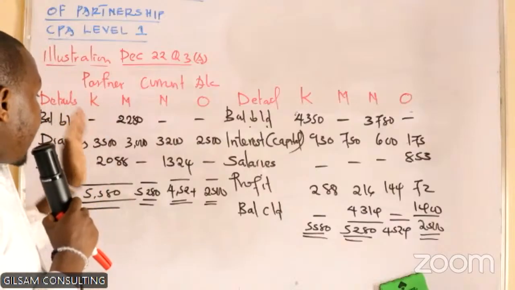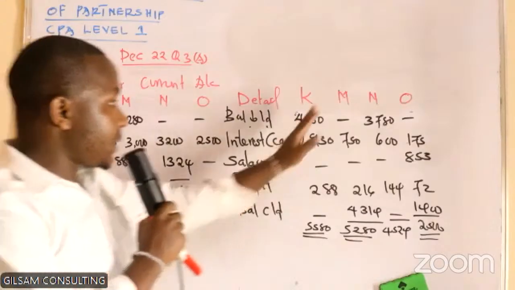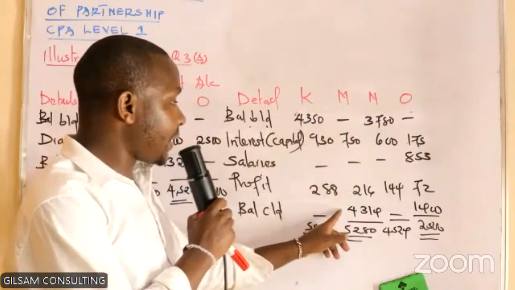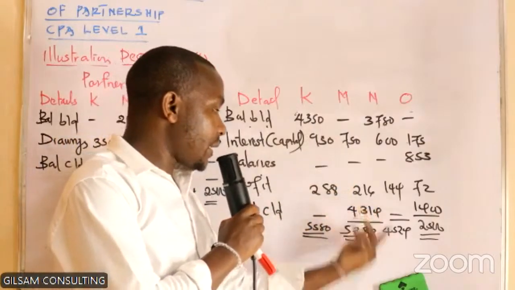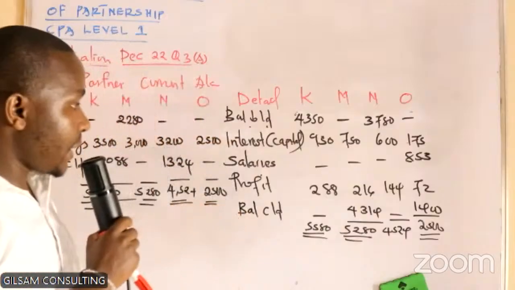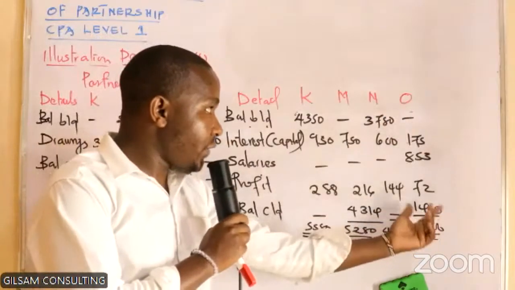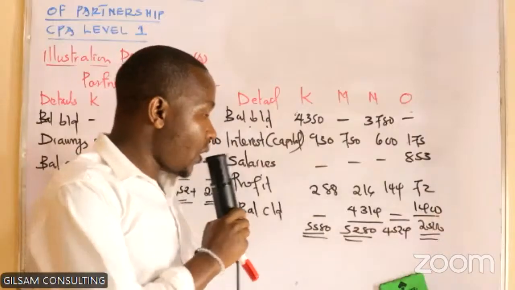For Mercy, debit is more compared to credit, so the balancing figure will be on the credit side of 4314. And for Oliver, it is on the credit side of 1400.